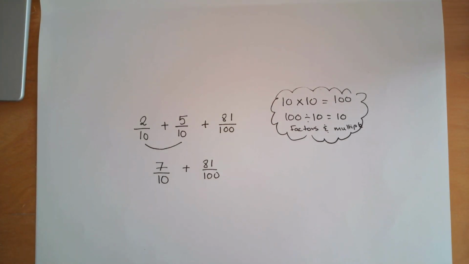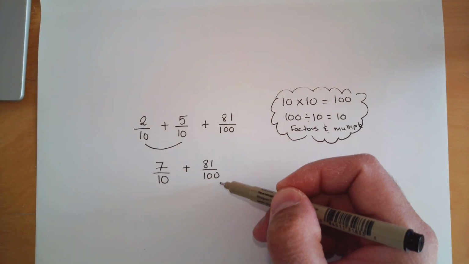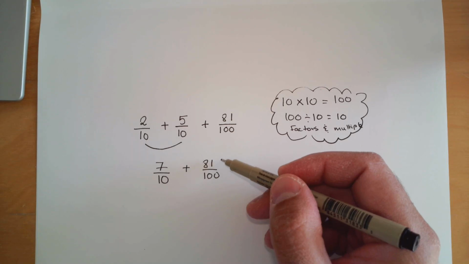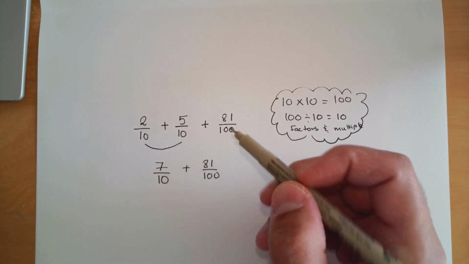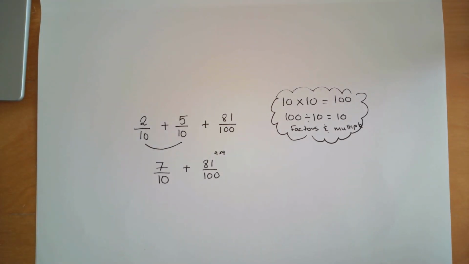7 tenths and 81 hundredths. Well, 81 hundredths, I can't simplify it. I can't because, for example, the factors of 81 are 9 times 9 and 81 times 1.